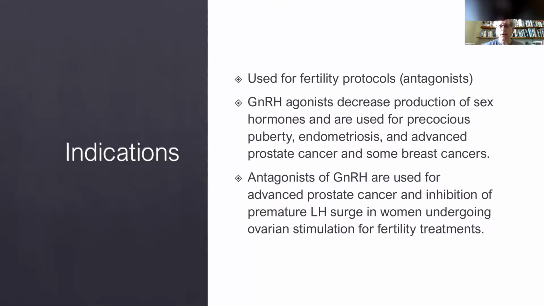They're also used in advanced prostate cancer in men. And they're also used to decrease the production of sex hormones in people with precocious puberty, endometriosis, and advanced prostate and breast cancers.